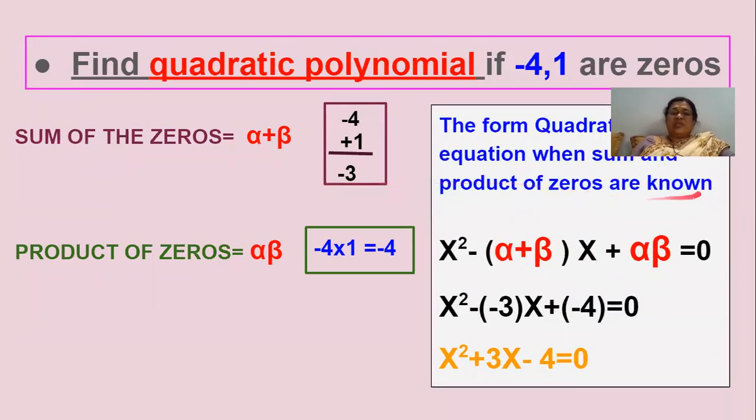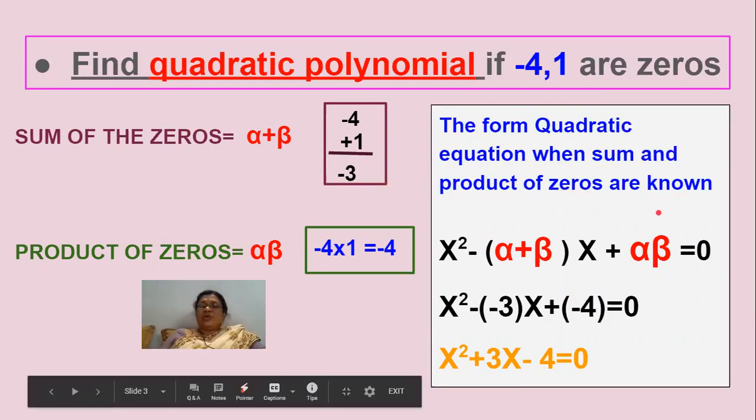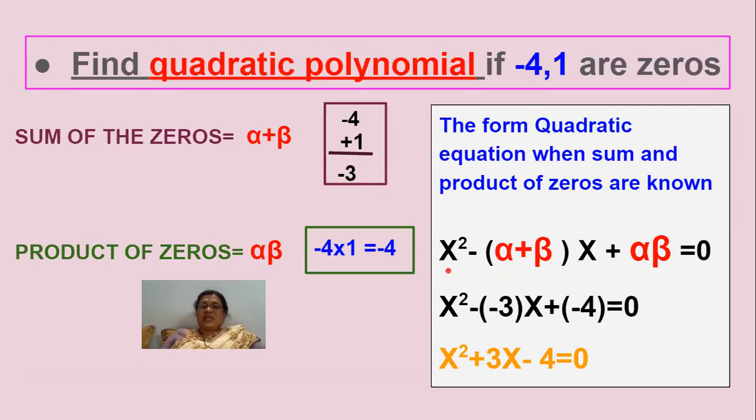So when the zeros are known, how do we find the quadratic polynomial? There is a formula. The formula is x square minus the sum of the zeros into x plus the product of the zeros is equal to 0. So the quadratic equation, when the sum and product of the zeros are known, this is the formula.